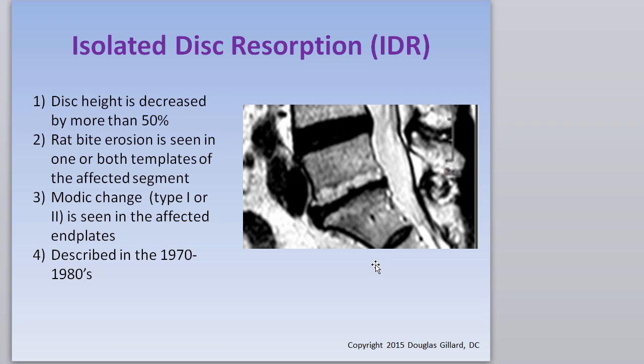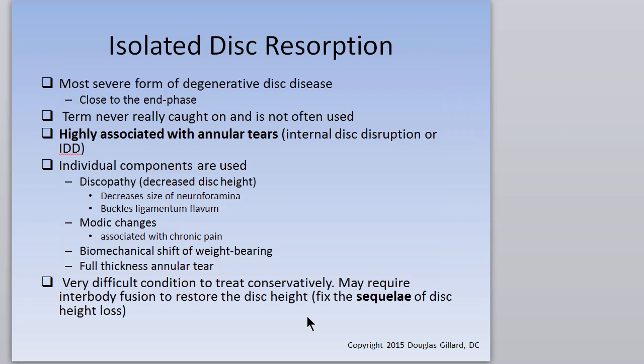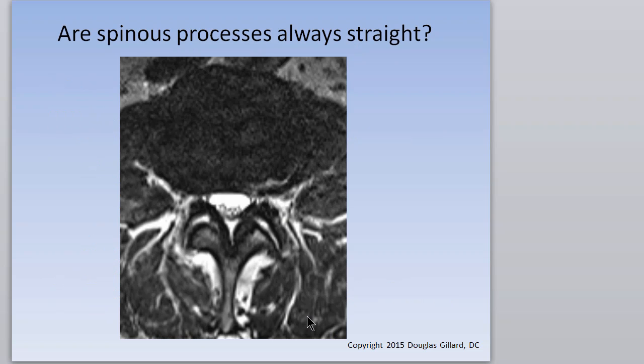So I would definitely read over this. Know that it's made up of Modic changes, rat bite erosion, and it's associated with annular tears and a decrease in disc height. Highly associated with annular tears.